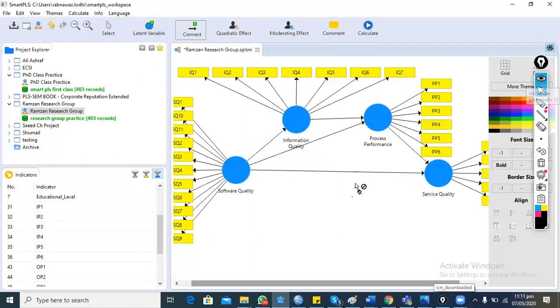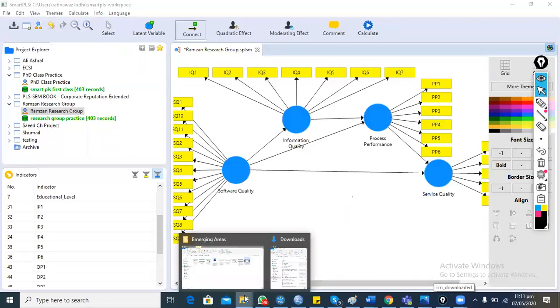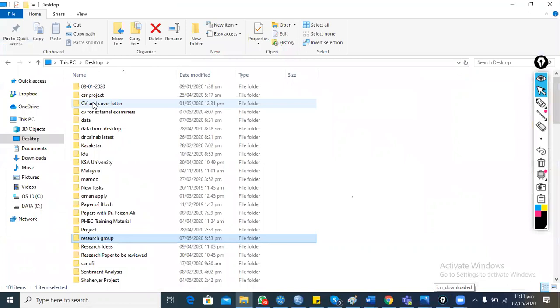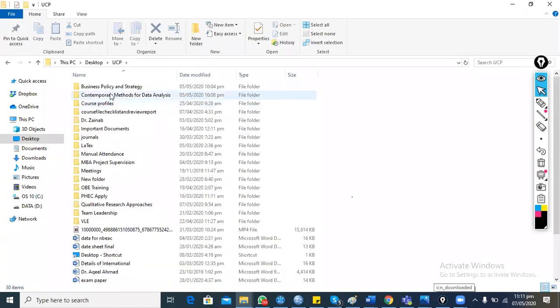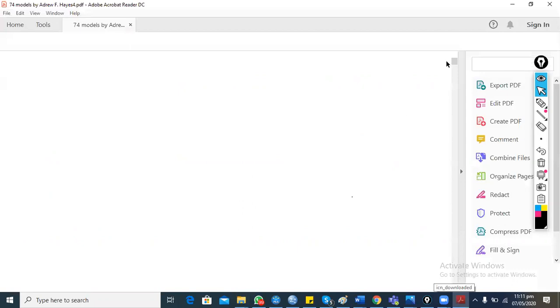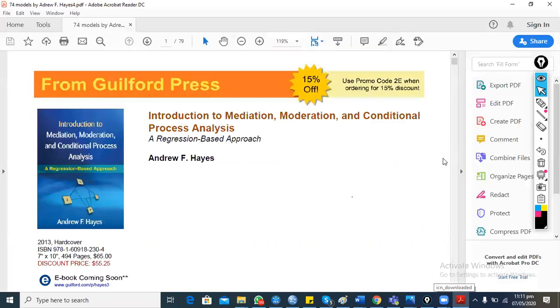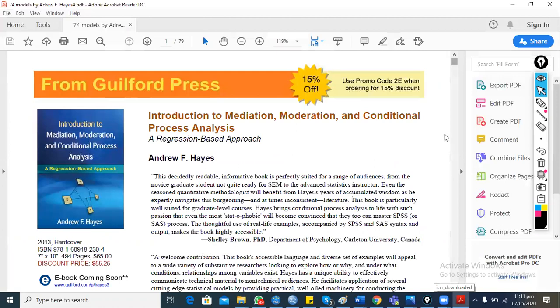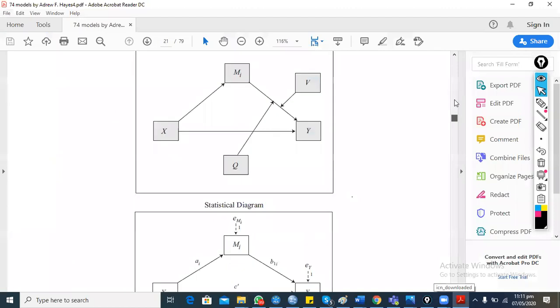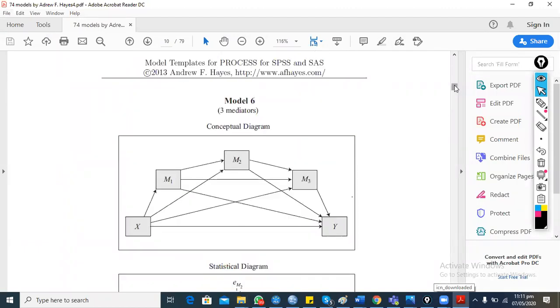For serial mediation, for better understanding, we can have a look at model number 6 of Preacher and Hayes. Okay, yes, this one. This is great.